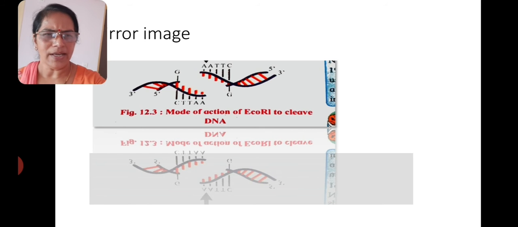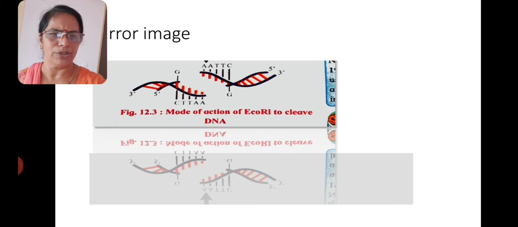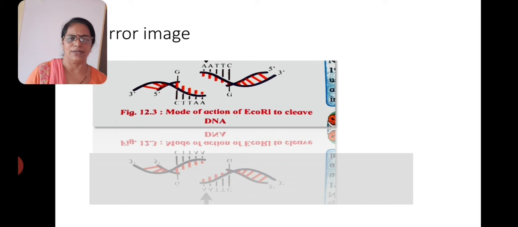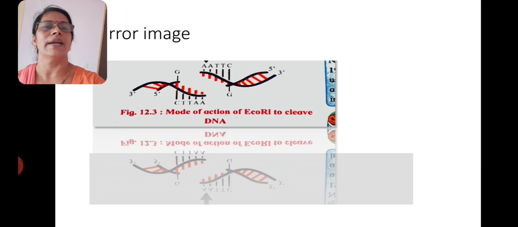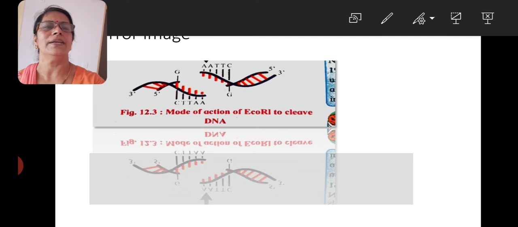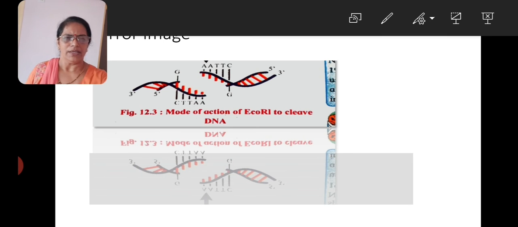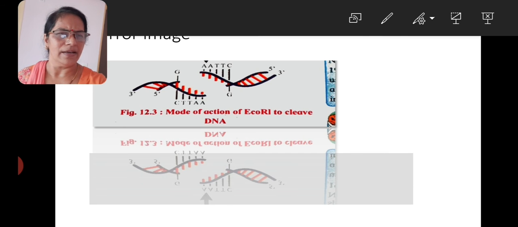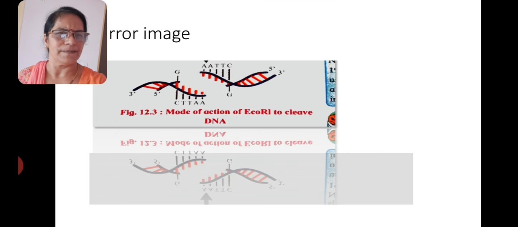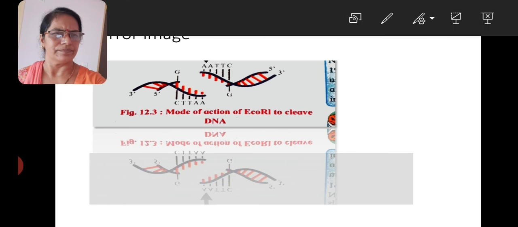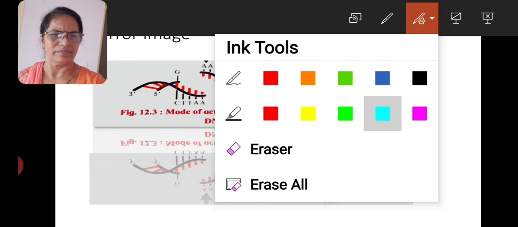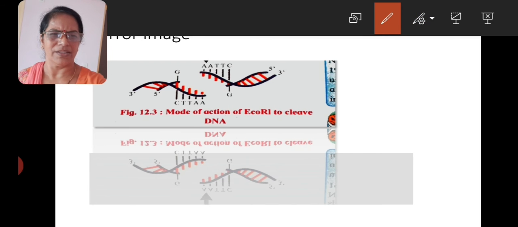So look here, this is the mirror image of the DNA strand. This is the second characteristic. For example, here the G is present, and here also the G is present.